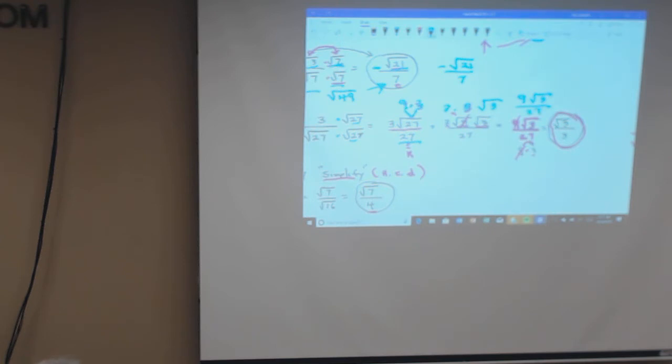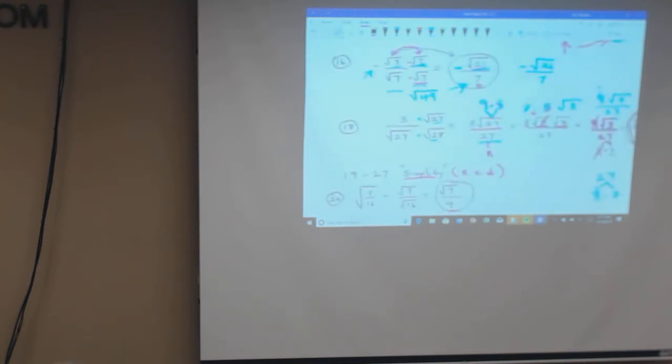So now I've got rational numbers out here and down here. I can simplify those. So that becomes the square root of 3 over 9 into 27. 27 is 9 times 3. So I cancel out the 9s, and I'm left with the square root of 3 over 3. And that just looks like a work of art. Number 20.